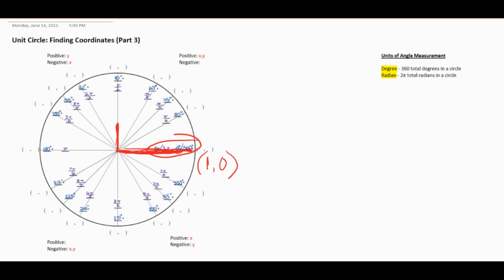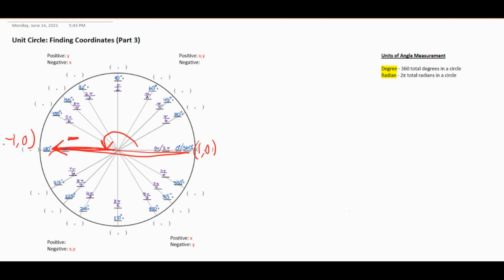We only move along the x right here. So the first coordinate we can fill in here is 1, 0. On the opposite side here, where we have 180 degrees, we have the same scenario, where we are moving over on the x-axis in the negative direction, meaning we have -1, 0.